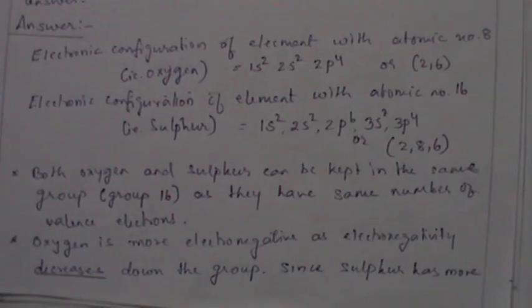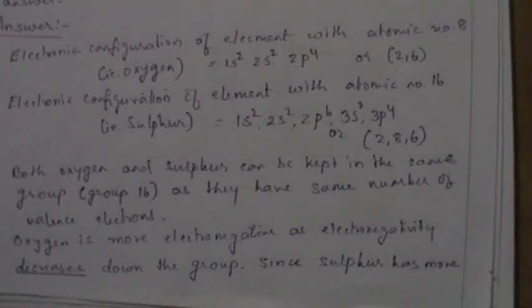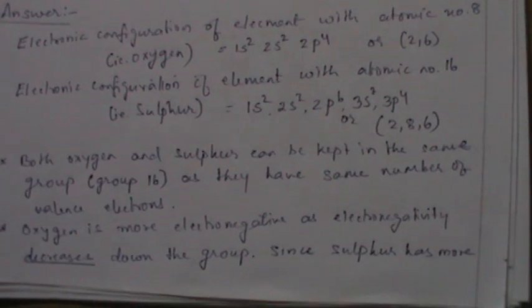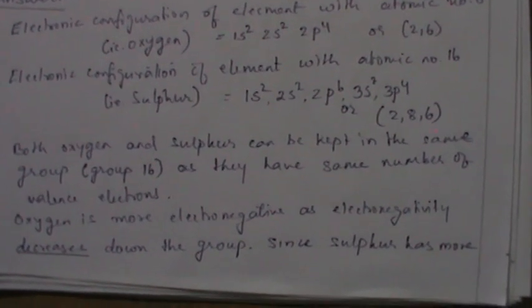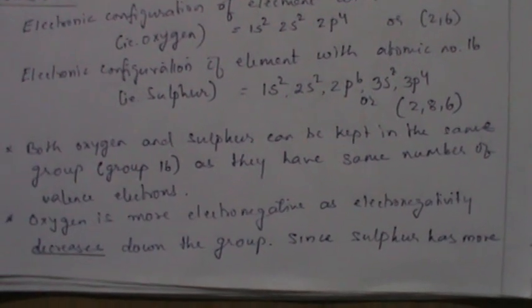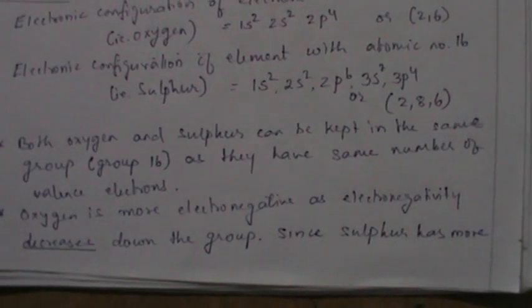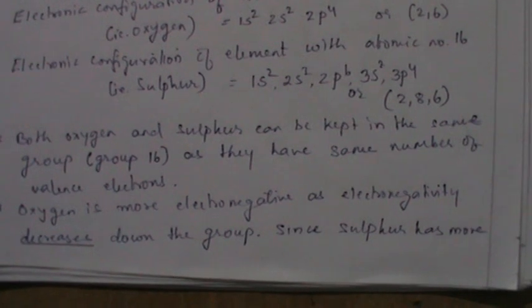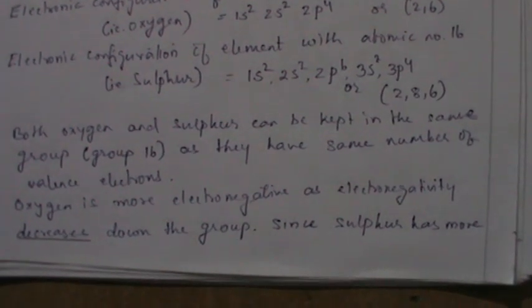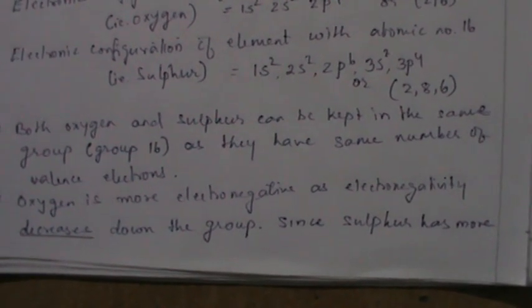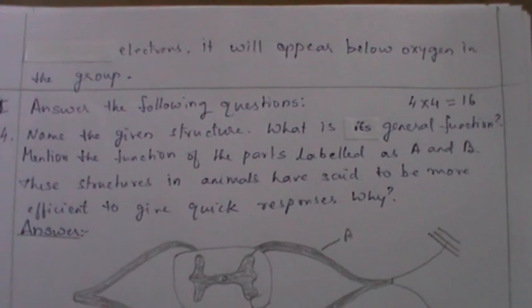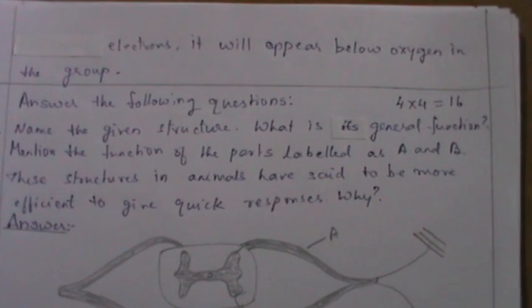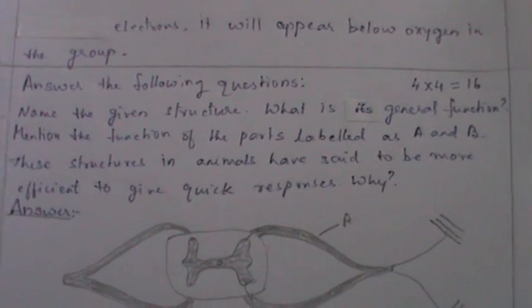Both oxygen and sulfur can be kept in the same group, that is group 16, as they have same number of valence electrons or valency. Oxygen is more electronegative as electronegativity decreases down the group. Since sulfur has more electrons, it will appear below oxygen in the group.